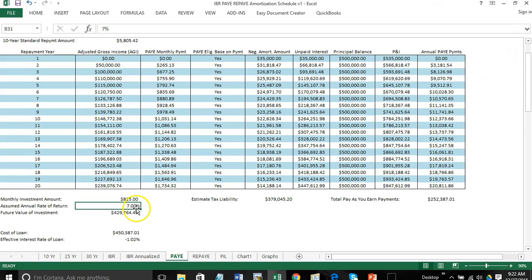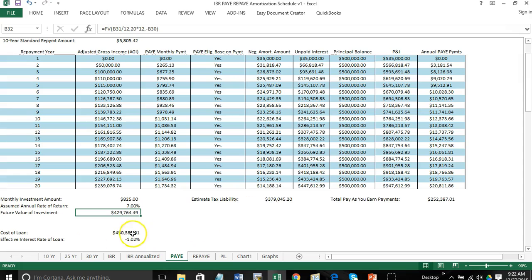Assuming a 7% annual return on your investment on $825 per month over the course of 20 years, you would have an investment value of about $430,000. Given, again, that a portion of this is taxable, net of tax, this should be sufficient to cover that balance.